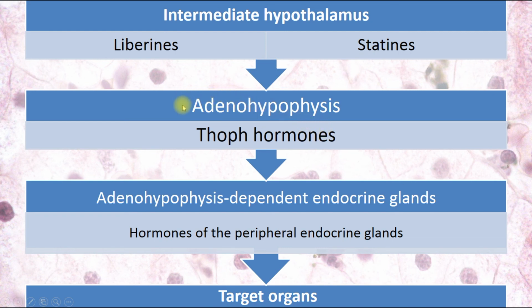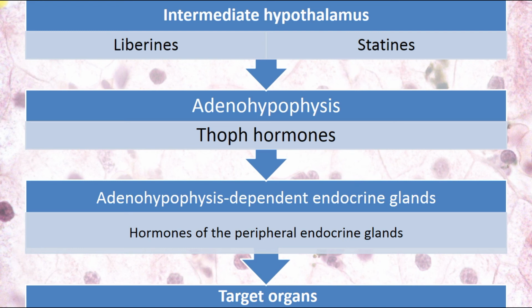Liberins activate release of troph hormones. Statins inhibit release of troph hormones. When liberins come here, they are specific, and each troph cell has its own liberin and its own statin. Almost all of them have their own liberins and statins. For example, thyrotrophs receive thyroliberins and thyrostatins.